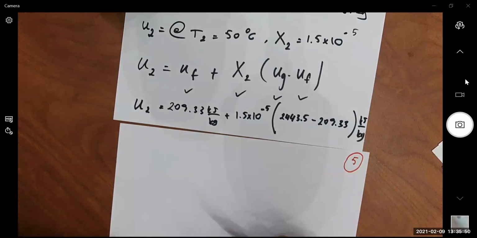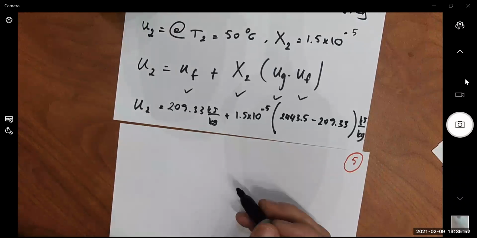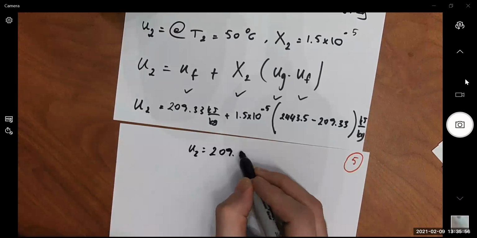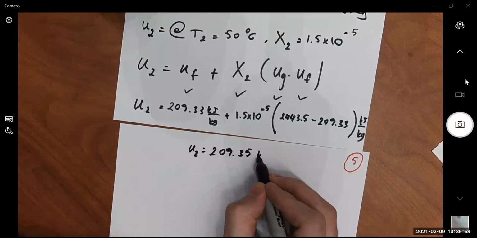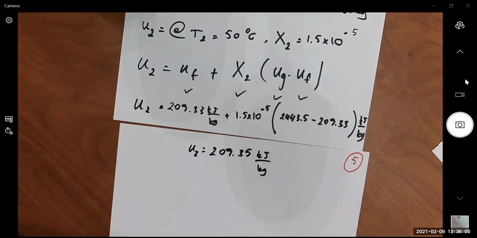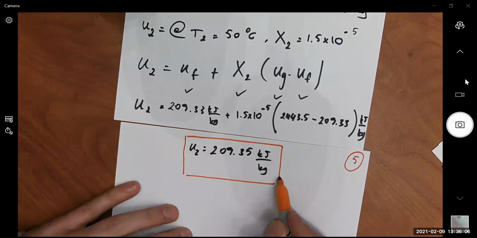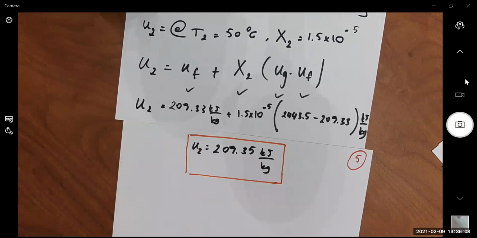U2 will be 209.35 kilojoules per kilogram. Okay, so I have everything I need for this problem now.